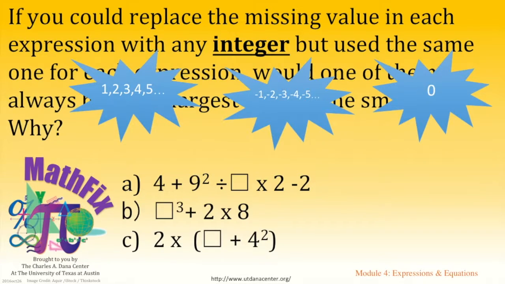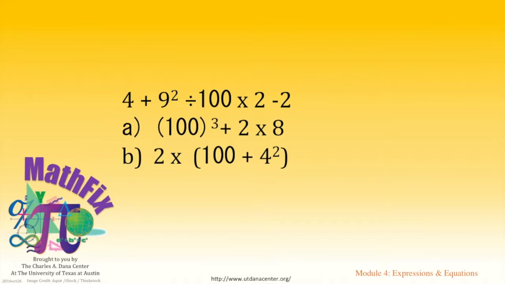If we were to pursue the greatest value by putting in a large value in each expression, the effect would be different for each one. For the first expression, a very large value like over 81 here will turn this portion of the problem into a value less than 1. This keeps the overall expression sort of small, but always positive. The middle expression gets very large quickly with a large value put into the missing space.